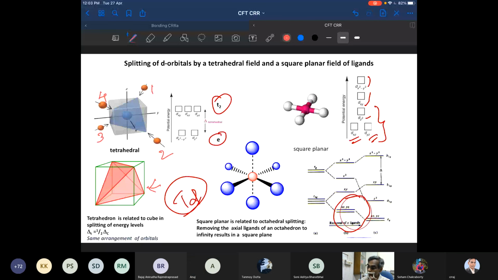Number two is that the total number of ligands is less in the case of tetrahedral with respect to octahedral. Don't confuse this with square planar. That will come later separately. I will teach you in the Jahn-Teller discussion part.